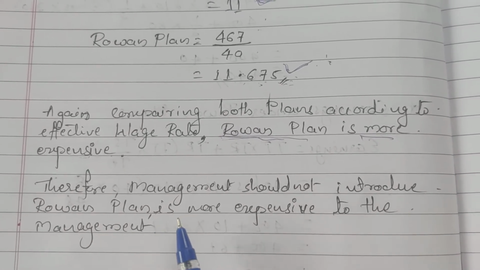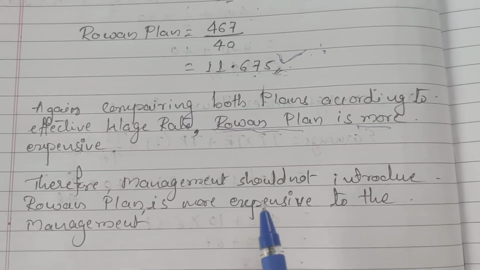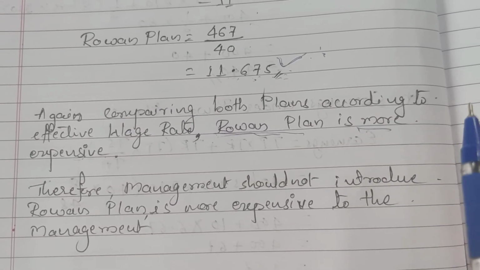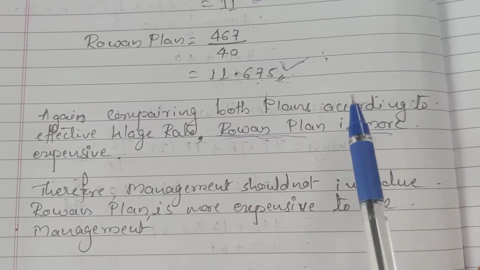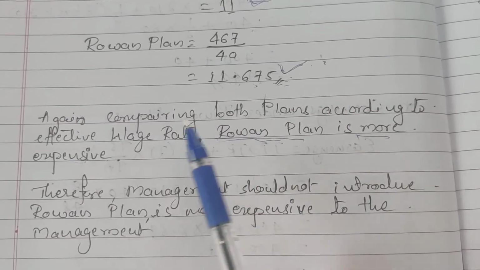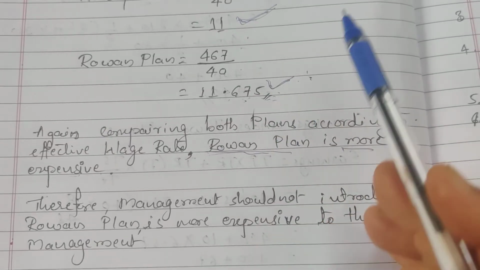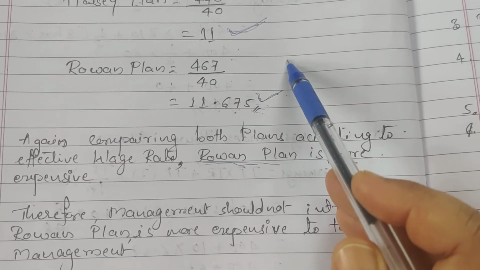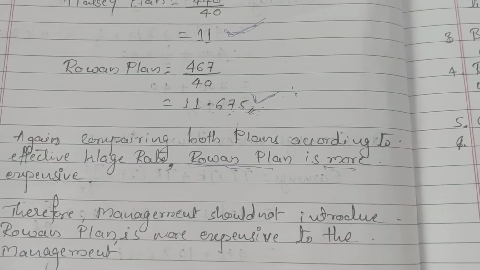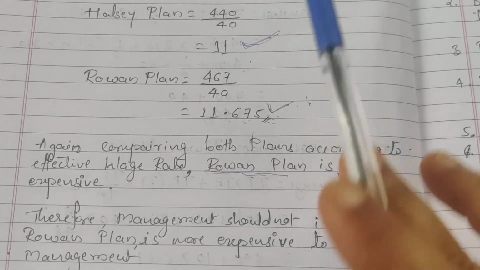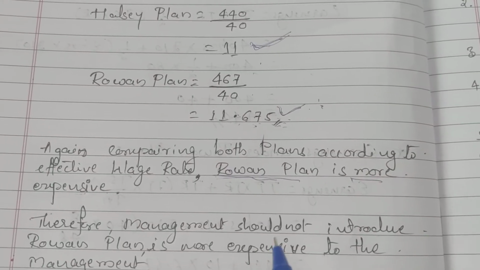So, it should continue with the Halsey plan. That is your conclusion. You have to solve the problem like this only, stepwise. First, you have to solve the earnings. Then you have to compare both the plans. Which plan is good? Then you have to give your decision with reasons.